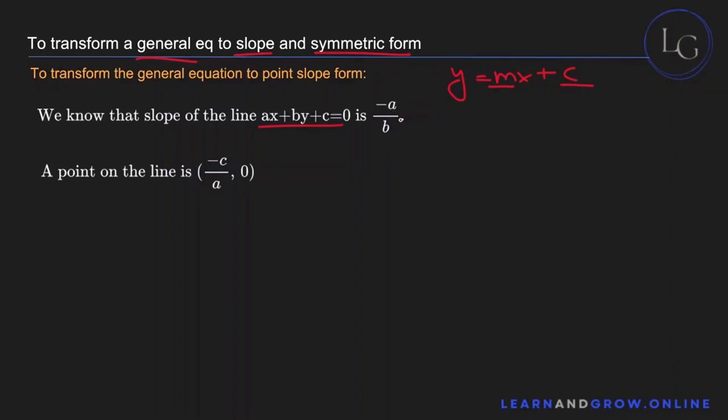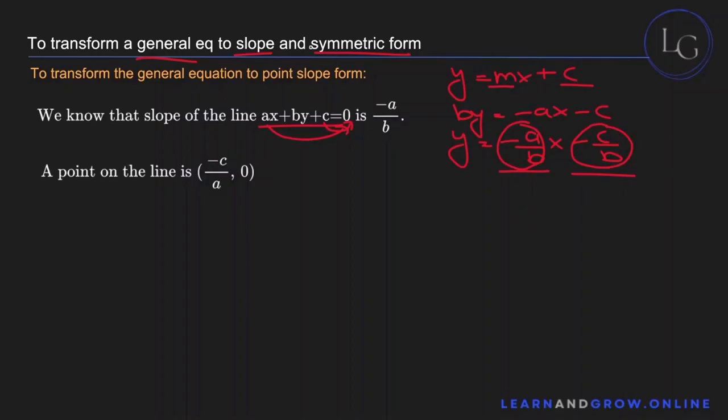So let's take this ax to the right-hand side and the c to the right-hand side as well. So by is equal to minus ax minus c, y is equal to minus a over b x minus c over b, and this is your m, and this is your c, or this is the gradient, and this is the y-intercept.